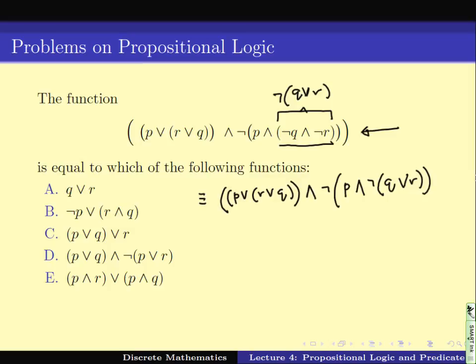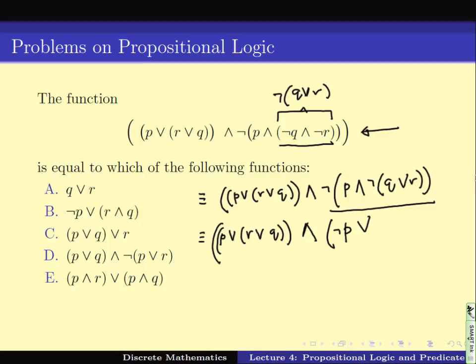Now I can apply De Morgan's law again in this term, and I will take the negation inside. I will get the first term remains the same, P or R or Q, and then I will get not of P or not of (not of (Q or R)).